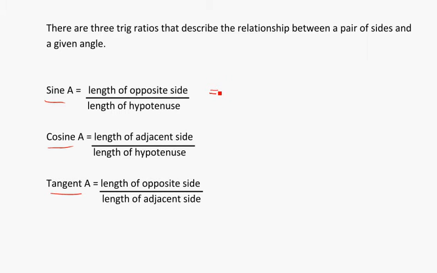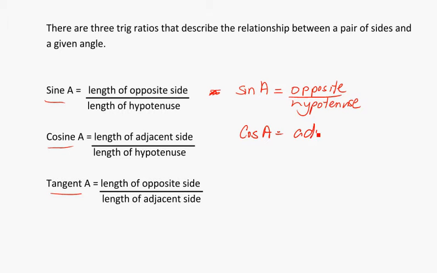We could shorten this to sine A equals opposite over hypotenuse. Cosine A is shortened to cos A, adjacent over hypotenuse.